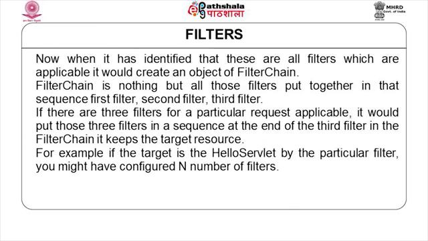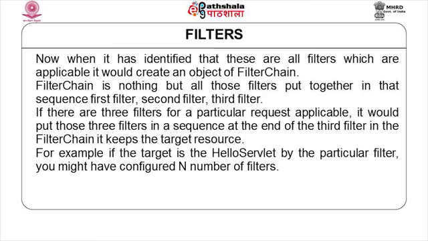So, a filter chain always has a sequence of filters, and after the last filter it keeps the target resource. Maybe the target is a servlet, for example our hello servlet being targeted by a particular filter. You might have configured 5-6 different filters in our application, but for this URL maybe 3 of those have qualified.